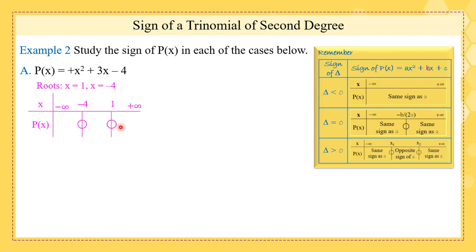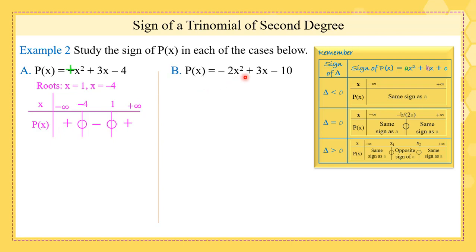These are two zeros, and then we want to fill in the signs. Remember, in case delta is positive, we have to use same, opposite, same. Now, the coefficient of x squared in this case is positive, so the formula of same, opposite, same works as plus, minus, plus.